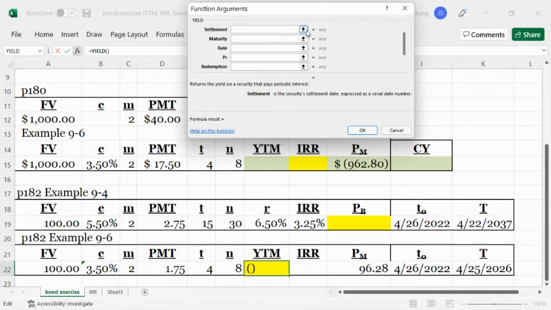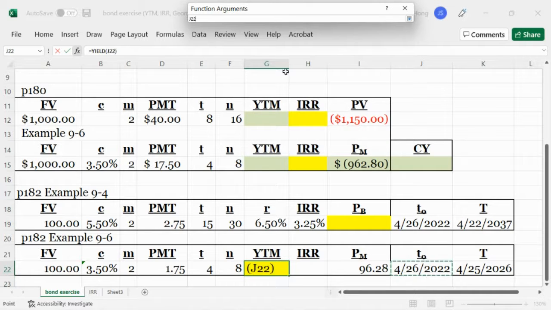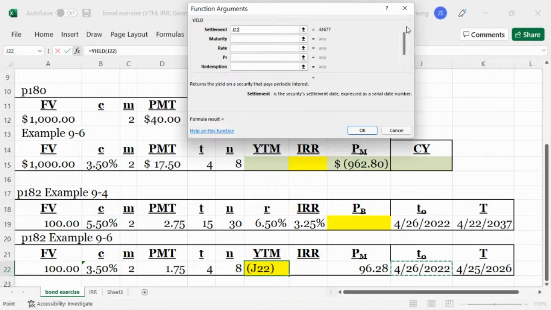Settlement means settlement date. Settlement means you made the purchase date. Why? Think about it. Even if you don't really buy the bond, you can just assume that you are buying the bond today.